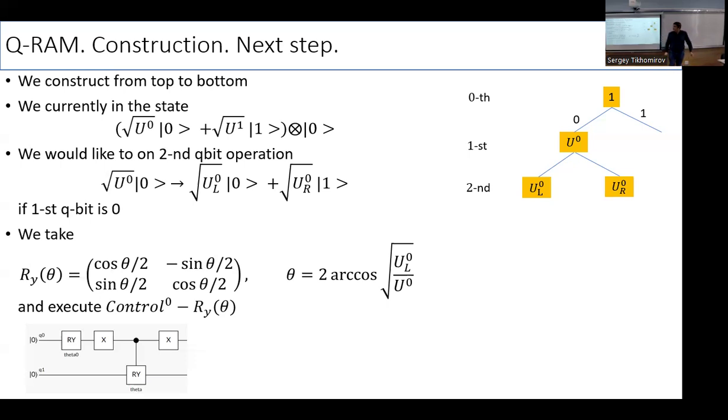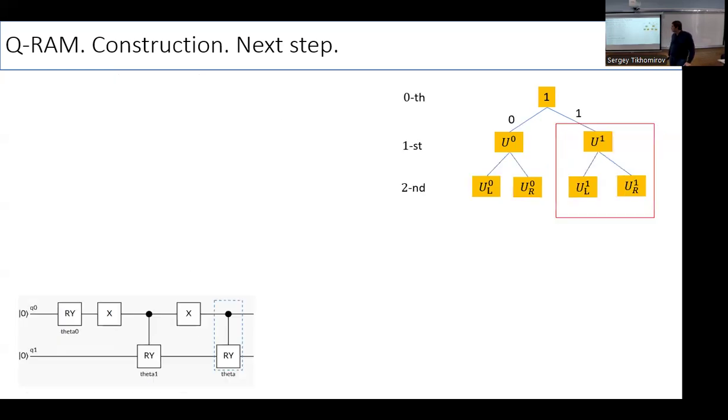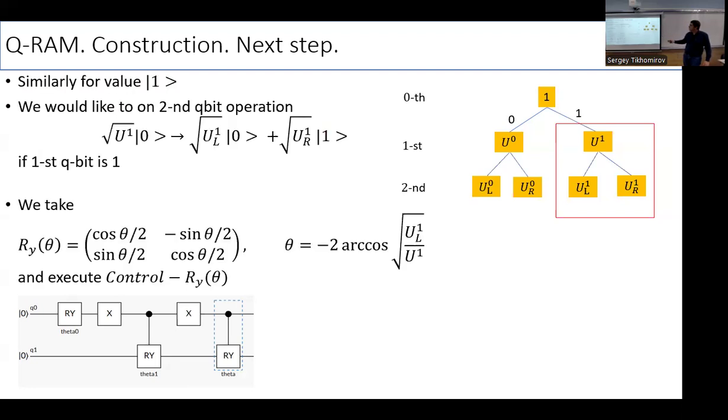What's the next step? For the 2 qubits, I already made those probabilities correct. But now I want to make those other probabilities correct. So I consider the right branch of my tree, and I repeat the same idea for this rectangle.